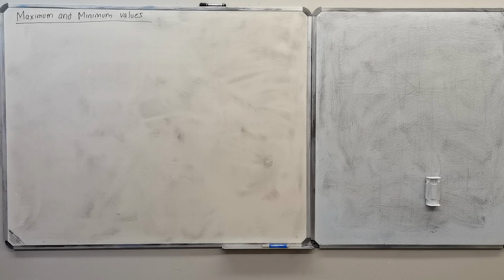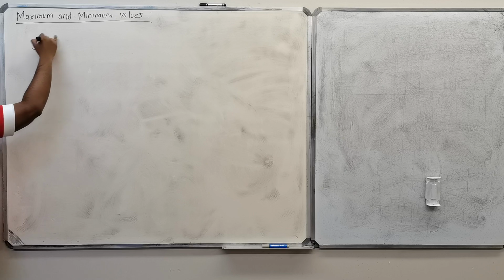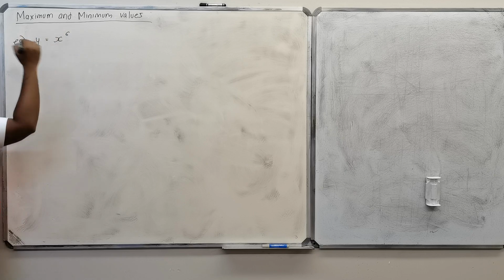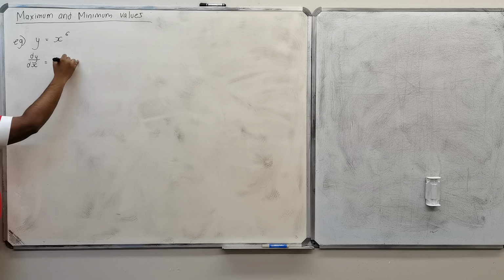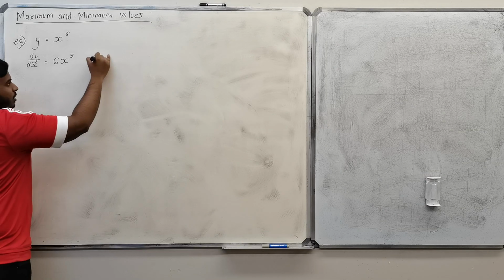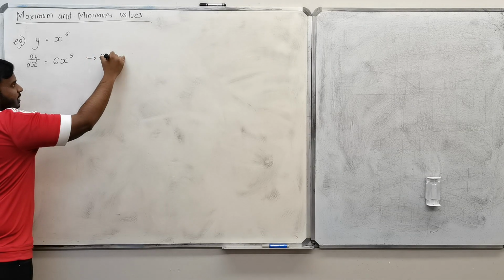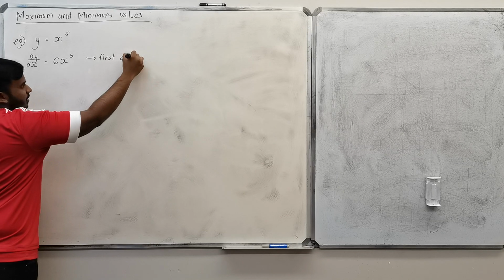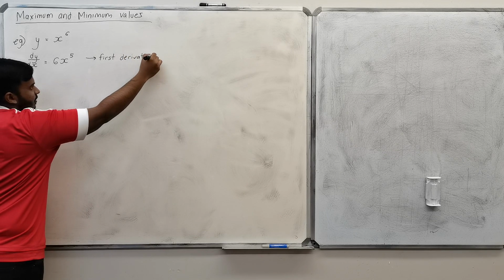Say for example, you have y is equal to x to the power 6. If I differentiate y with respect to x, I'm left with 6x to the power 5. This here is known as your first derivative.